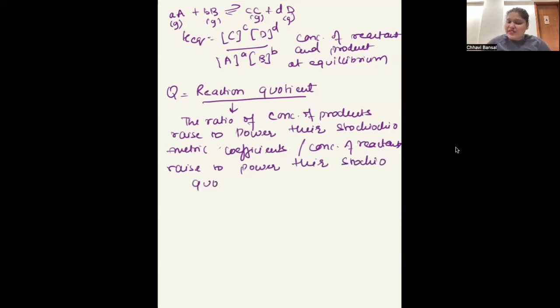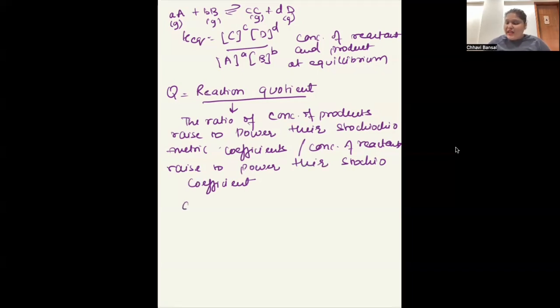The difference here is that K equilibrium is calculated only at equilibrium, whereas the reaction quotient can be calculated at any point. For example, just at the start of the reaction, maybe at time equals 2 seconds, maybe at 10 seconds, at any point, we can find out the reaction quotient.